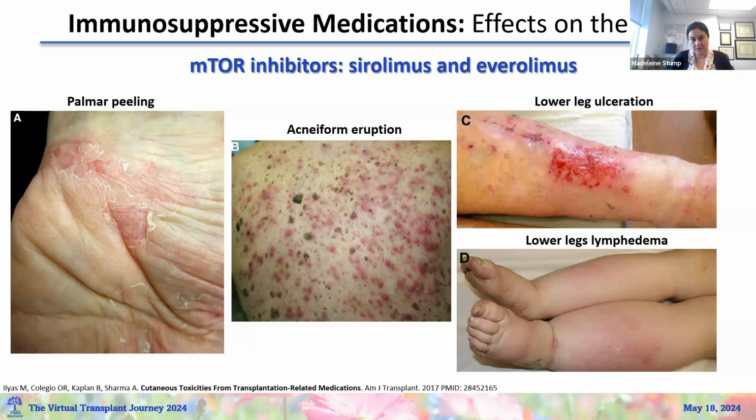Sirolimus in particular would affect the formation of lymphatic vessels, so lymphangiogenesis. Therefore, there is a decreased return and absorption of the lymphatic fluid. It's a difficult side effect to treat for patients. So these are some of the cutaneous side effects of the most common immunosuppressive medications.